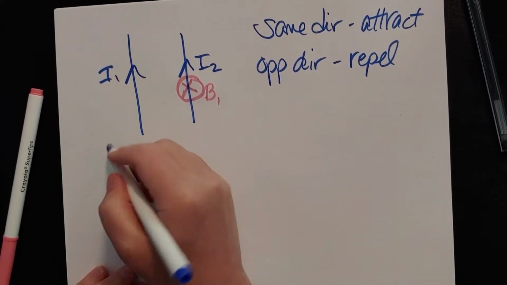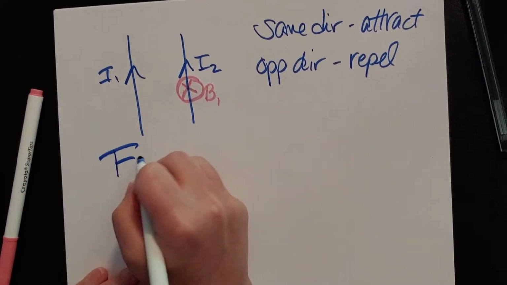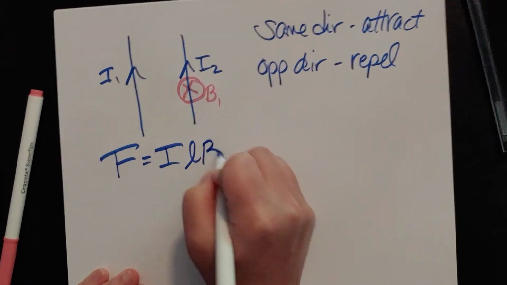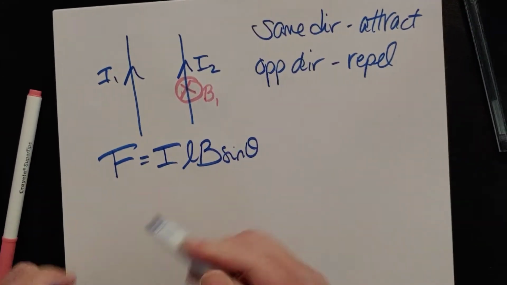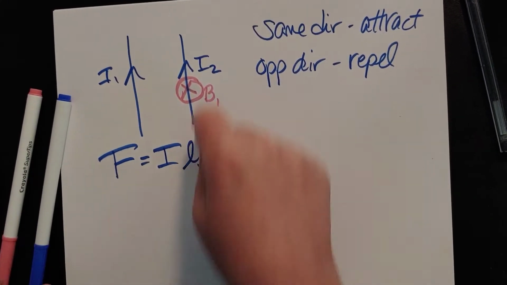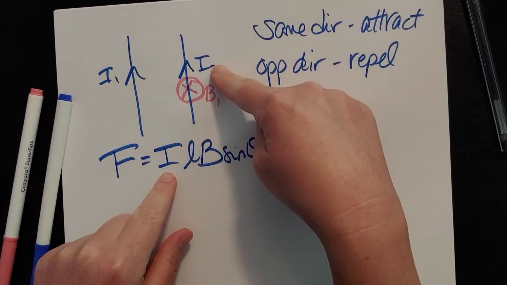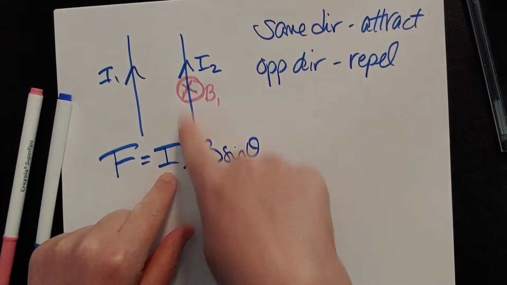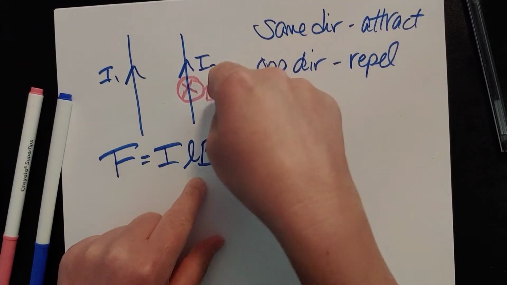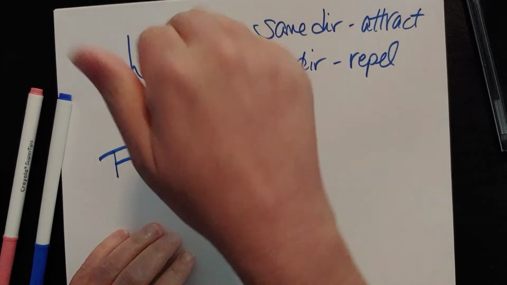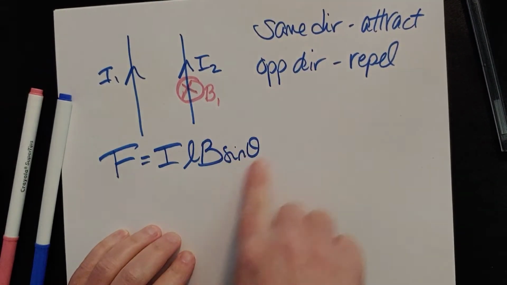And currents in magnetic fields feel forces. So the force on this current is I2 times the length times B1 times the sine theta, which in this case is nice and perpendicular, so that's 1.